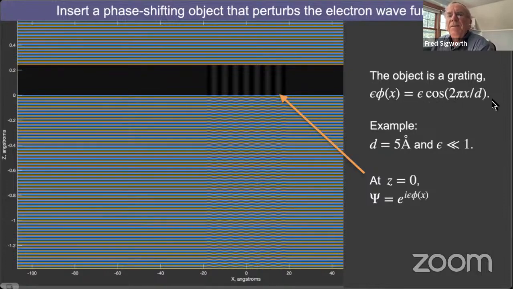It's a cosine function with a periodicity d, which is going to be 5 angstroms, and it's going to have a very small amplitude. So this is just a small perturbation of the phase. Right after the object, the wave function is e to the i, and then this phase perturbation.